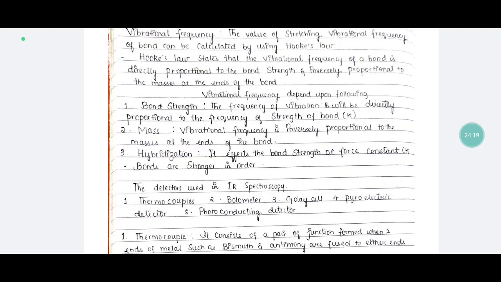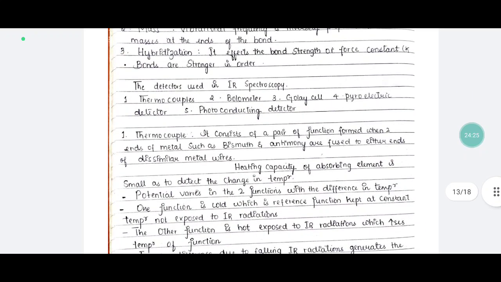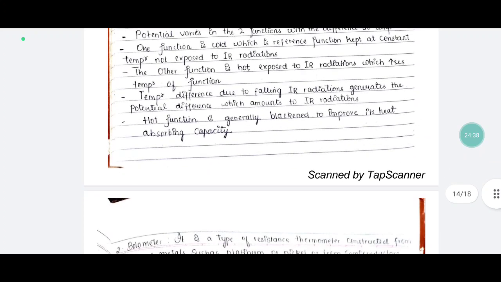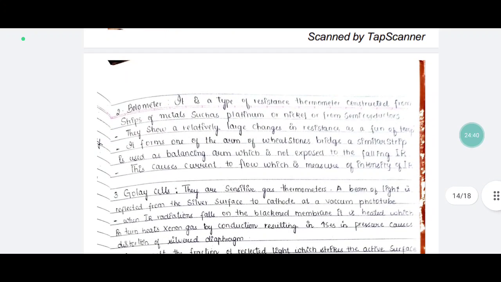Golay cells, pyroelectric detector and photoconducting detectors. So these are the definitions or the procedure for the detectors: how they are used, when they are used and why they are used. This is the bolometer.